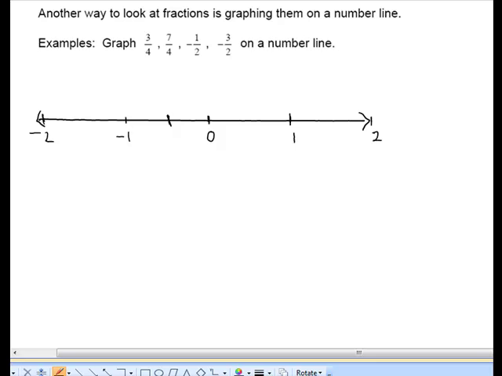We start at 0, and the negative is going to tell us to go below 0. So we're going to go 1 unit below 0, and we'll make a point. This will be -1/2.